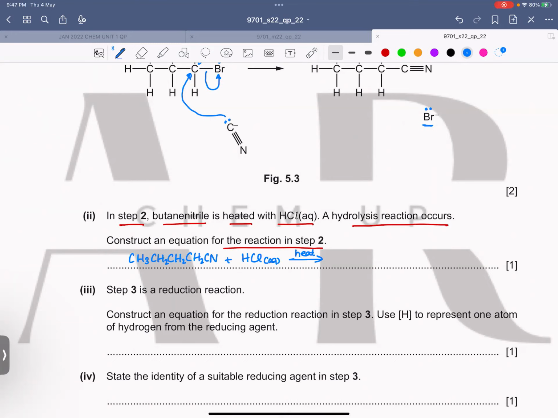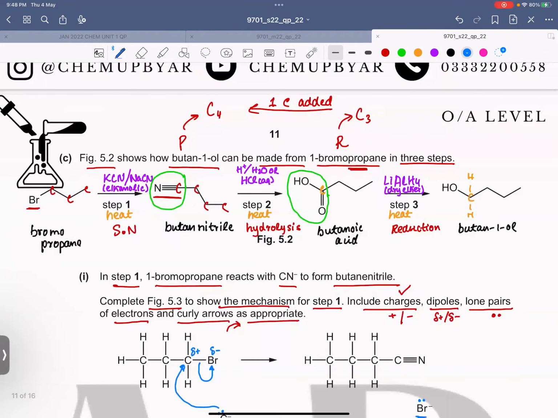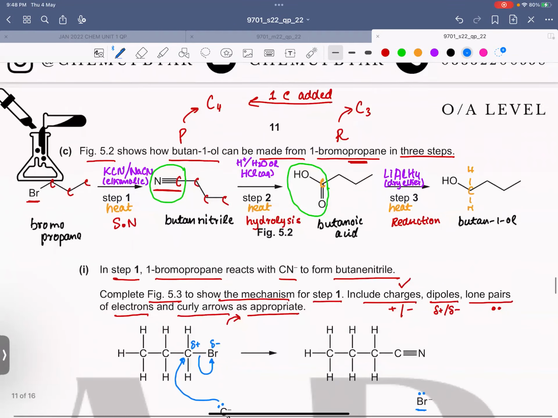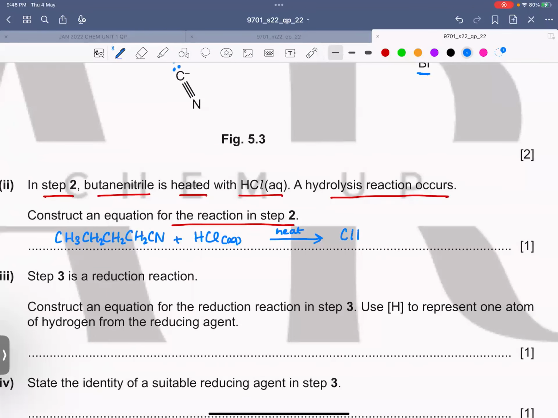So for the equation, as we have discussed earlier, what is our product for step 2? The nitrile turns into a carboxylic acid. So see, if I make this carboxylic acid, okay, one minute, I did a mistake over here. It's a butane nitrile, so there must be 4 carbons. I have made 5 carbons, sorry.